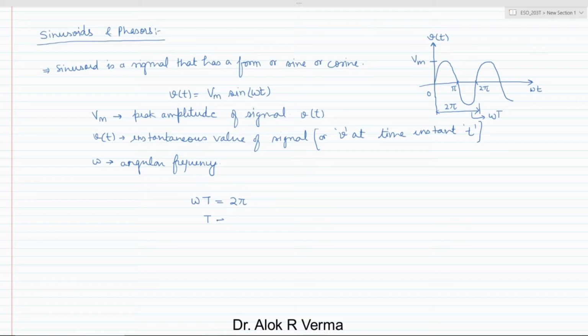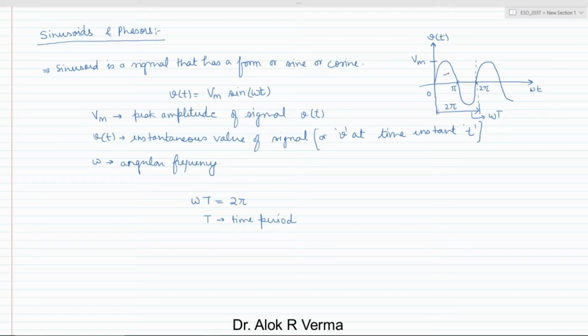This T is nothing but the time period. This is basically a periodic function which repeats after this instant. Each value which falls after this 2 pi is a repetition of this cycle.